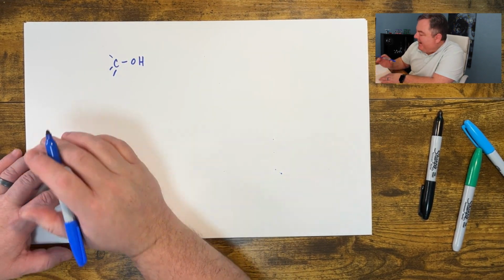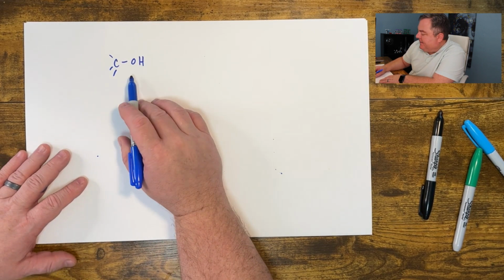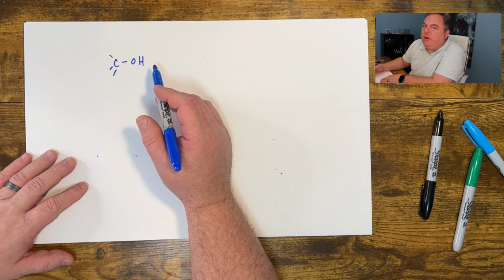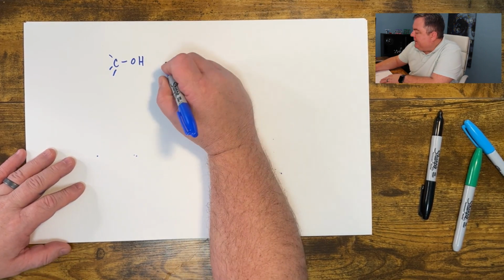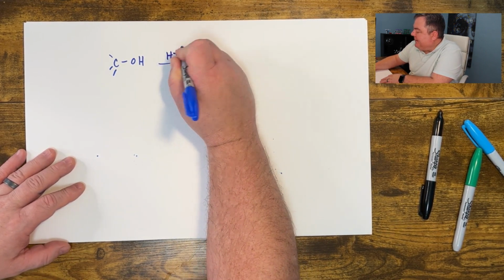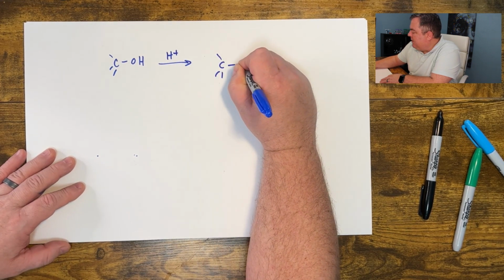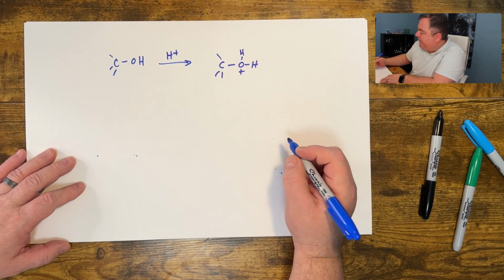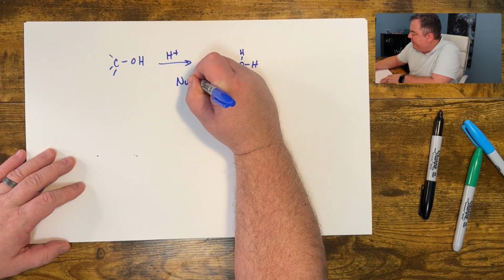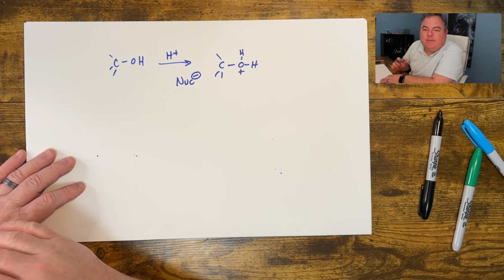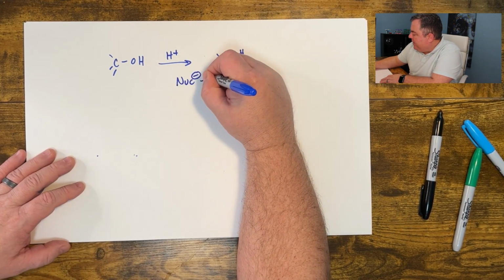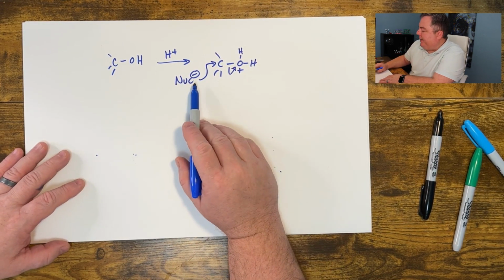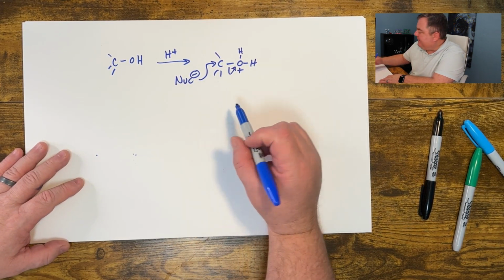Now some students get into the habit of always trying to use an acid to make this a good leaving group by turning it into water. But it's not always a good idea to do it that way. For instance, if I throw some acid in there, and make this a good water leaving group, and then I decide to throw something negative in there that's a good aggressive attacking nucleophile because I wanted to do this SN2 reaction, the problem would be this nucleophile would not do this backside attack.